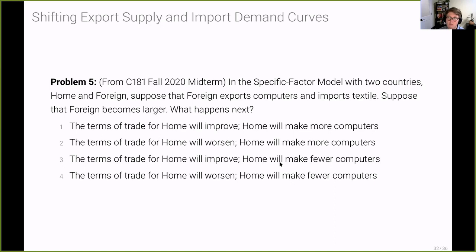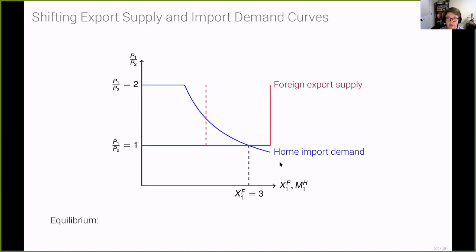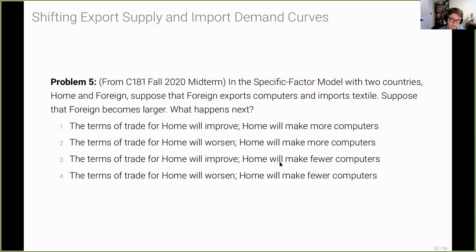And so whenever I see a question like this, I just go back to thinking about drawing an export supply and import demand curve. For instance, we're thinking about foreign here doubling.